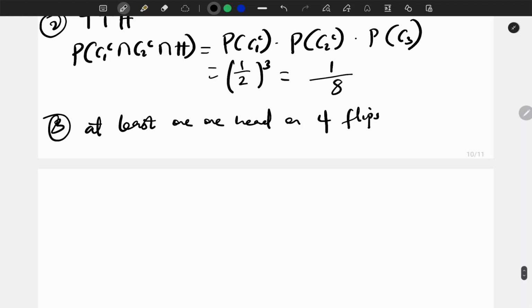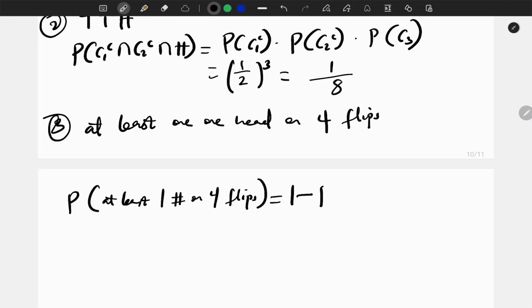So you can just find the probability of no heads on the 4 flips, and then take the complement. Okay, so the probability of at least one head on 4 flips equals 1 minus the probability of no heads on the 4 flips.